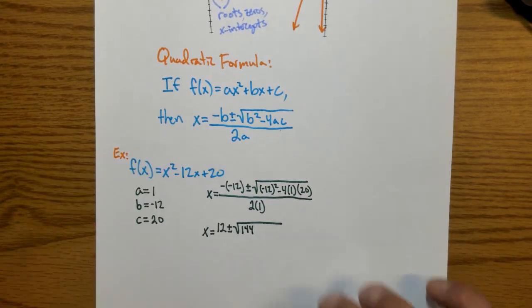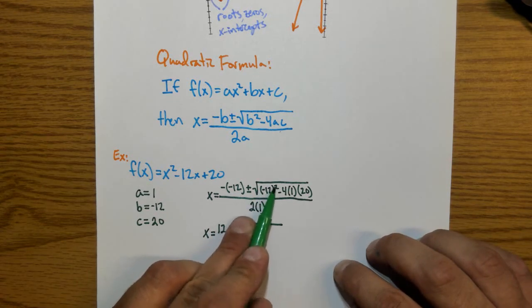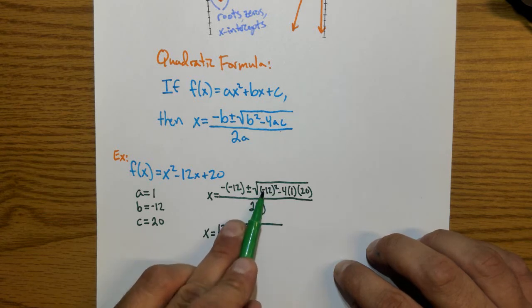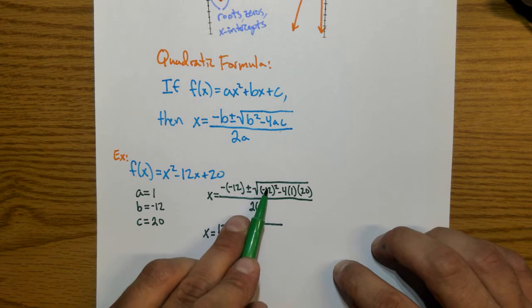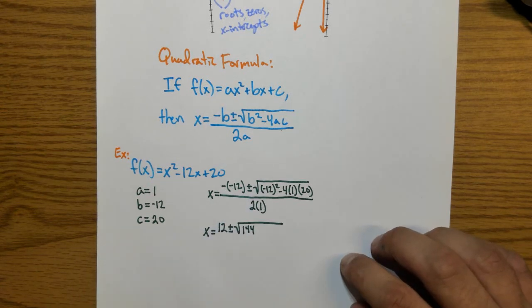Now be careful on your calculators, depending on what kind of phone you have or what kind of app you're using. Be careful how you type it in, because when we square something, we should always get a positive value. Some of them read this negative as separate, so it squares first and then multiplies by the negative. If you square something and you get a negative value, something went wrong there. Okay, so just be careful.